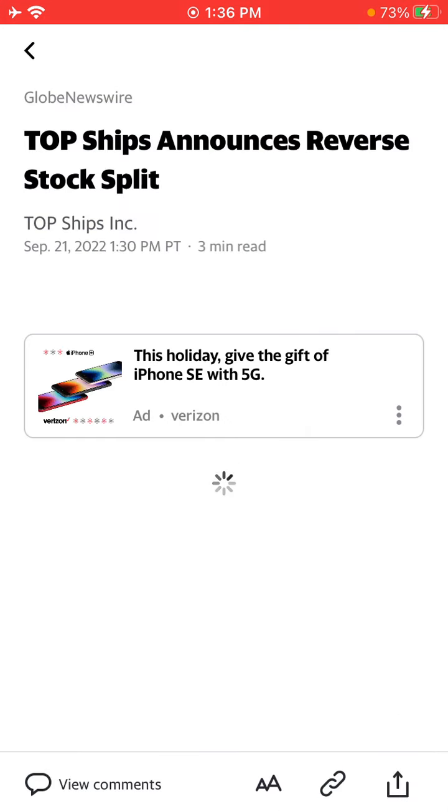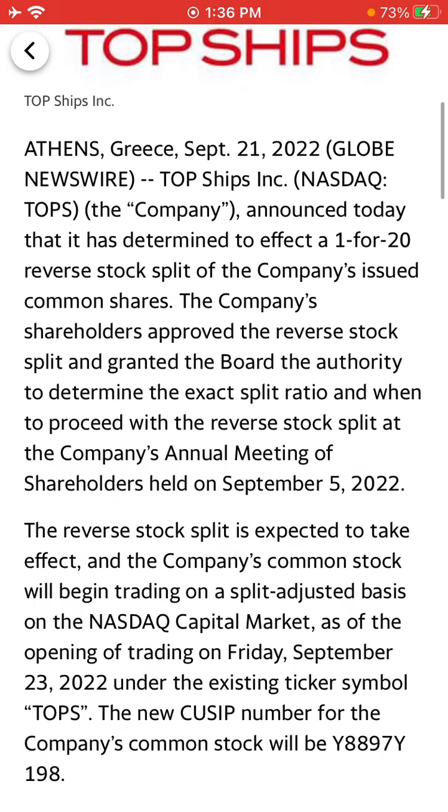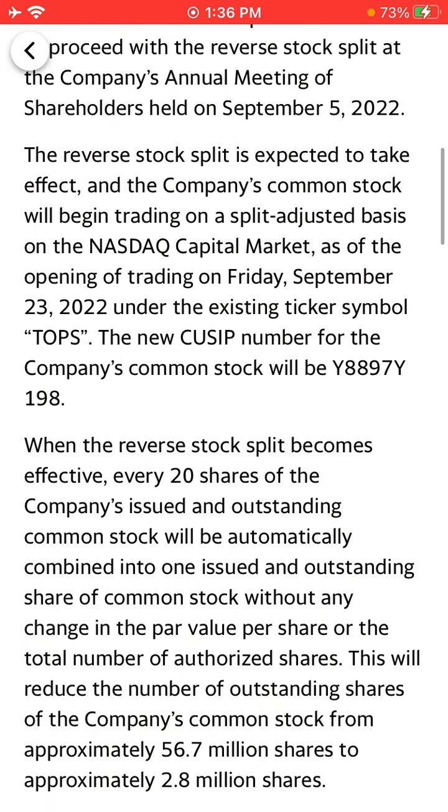And so I would do a similar thing, that okay, if I know the previous float was like 40 million, whatever this reverse split is.